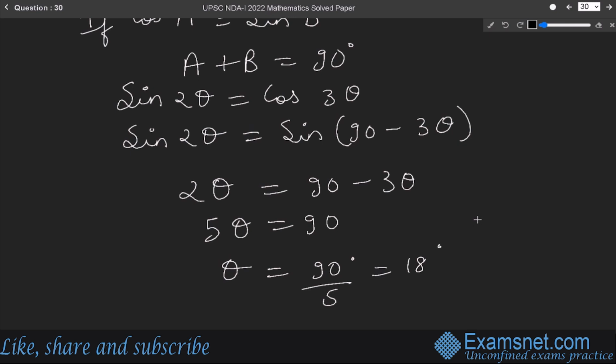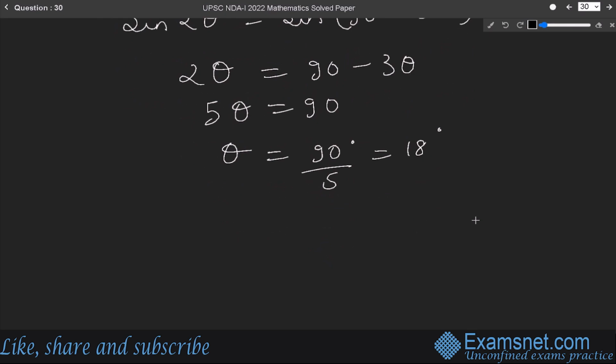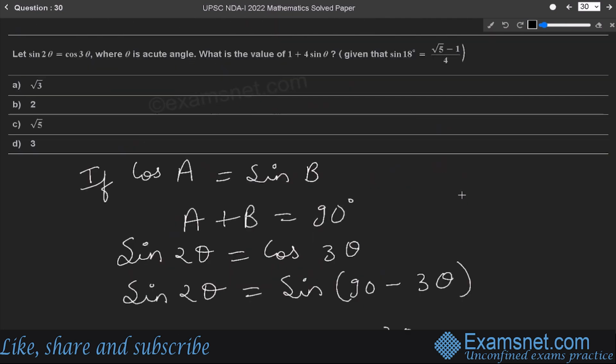Now we have to find 1 plus 4 sin θ. We already got the value of θ, which is 18. So we will put here 1 plus 4 sin 18 degrees. And in the question, see that the value of sin 18 degrees is given.